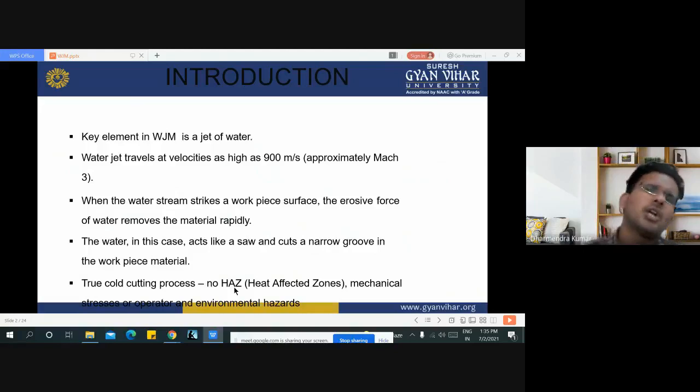In simple words, water mixed with some abrasive particles strikes the workpiece, and with the help of this mixture, mechanical erosion of the workpiece occurs and we finally get our finished product.